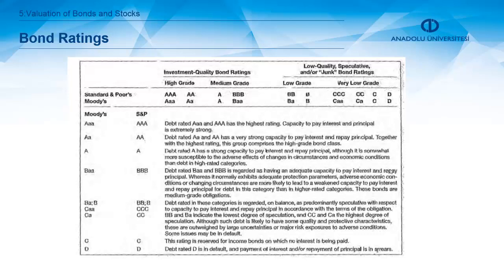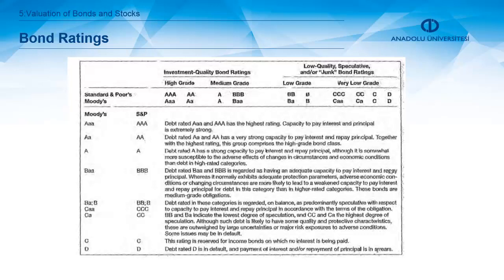And if it is BBB for Standard & Poor's, it means having an adequate capacity to pay interest and repay principal, whereas it normally exhibits adequate protection parameters, adverse economic conditions or changing circumstances are more likely to lead to a weakened capacity to pay interest and principal.